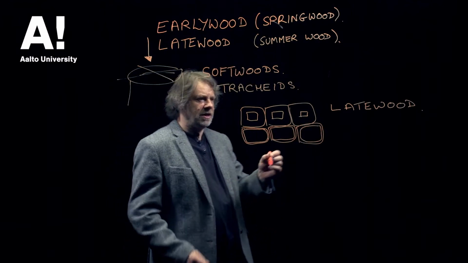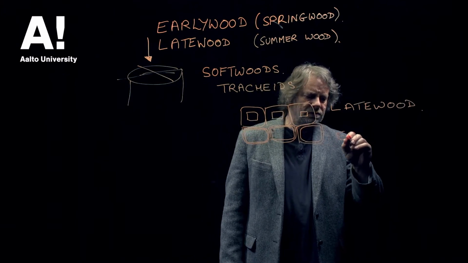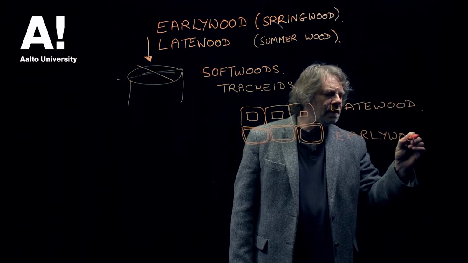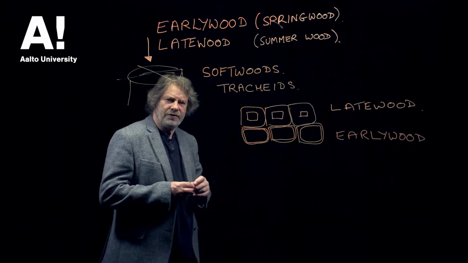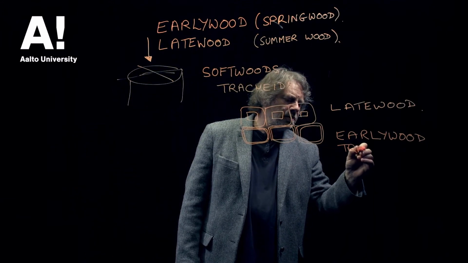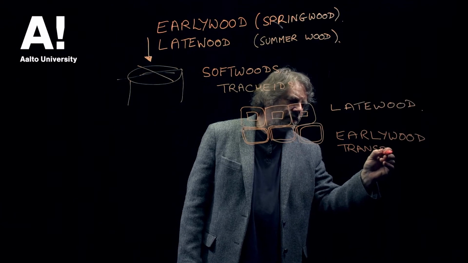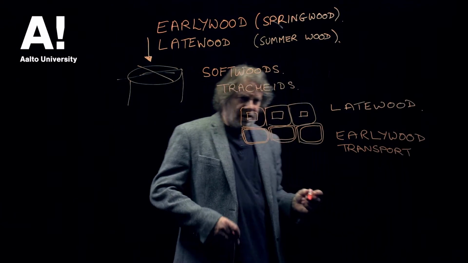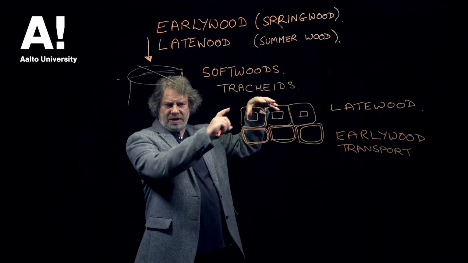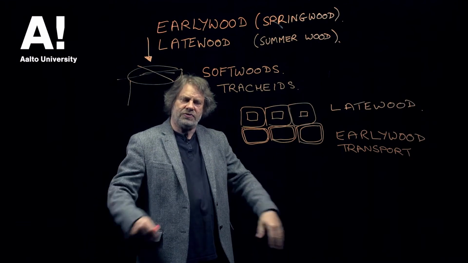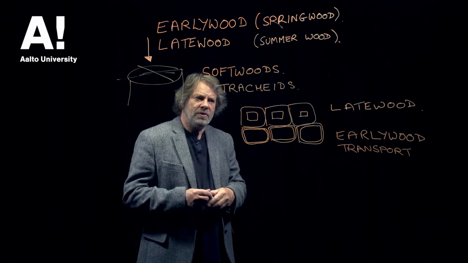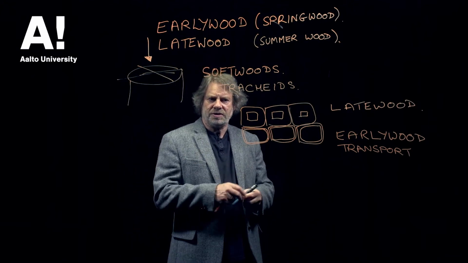And with the early wood, the function is transport, because at that part of the time of year, the tree wants to get nutrients up into the canopy, it wants to get the products of photosynthesis down into the roots, so transport is a very, very important role that it's playing, whereas the late wood, transport is not so crucial.